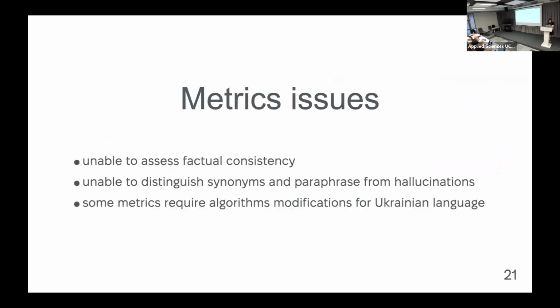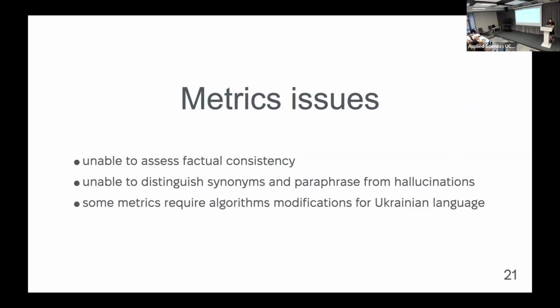And I already mentioned that these metrics are not able to assess factual consistency, and they are unable to distinguish between hallucinations and just the usage of synonyms and paraphrasing.